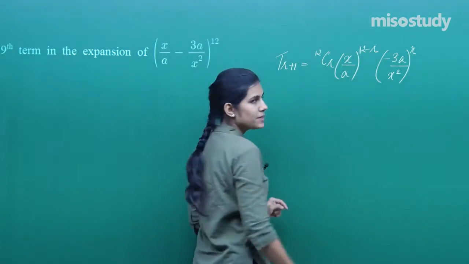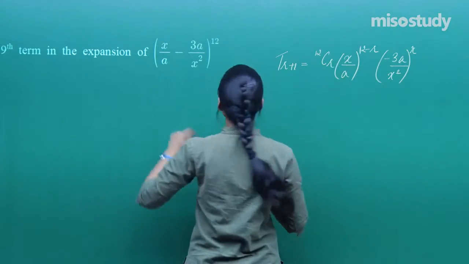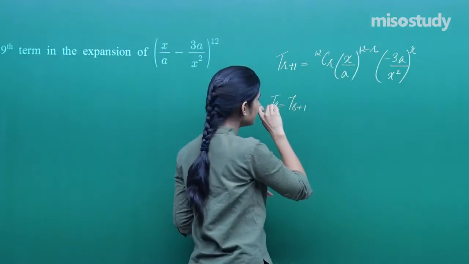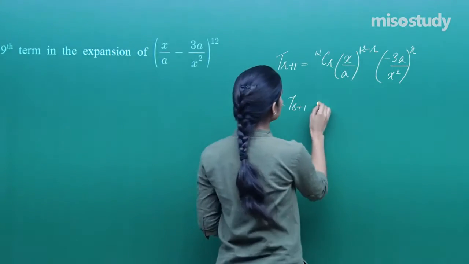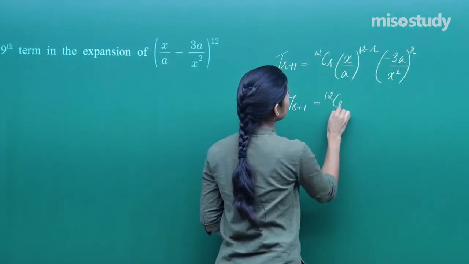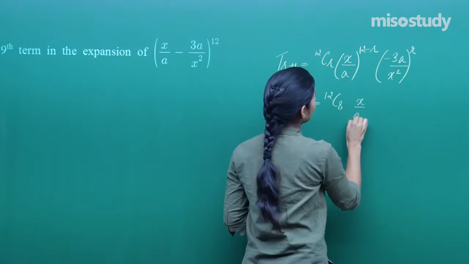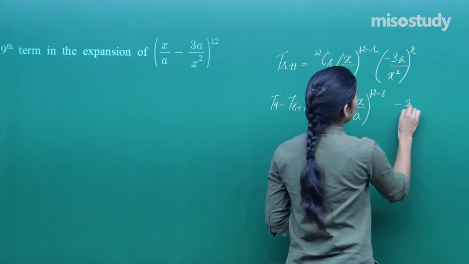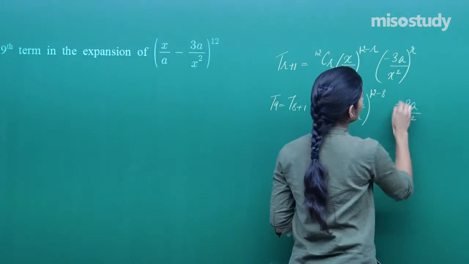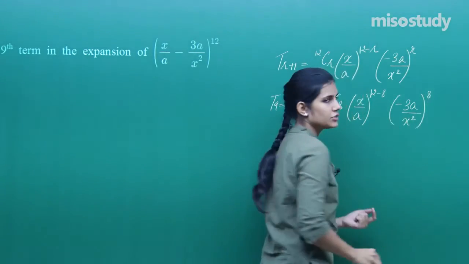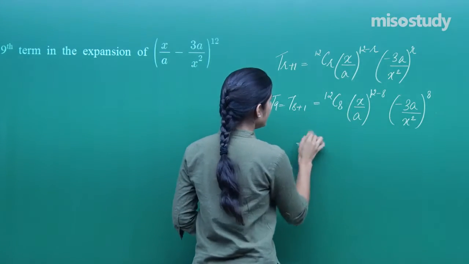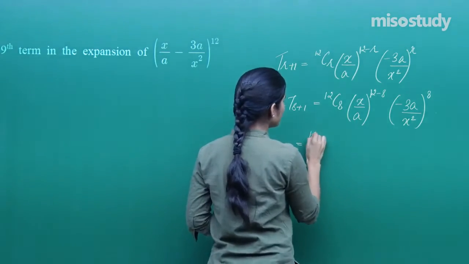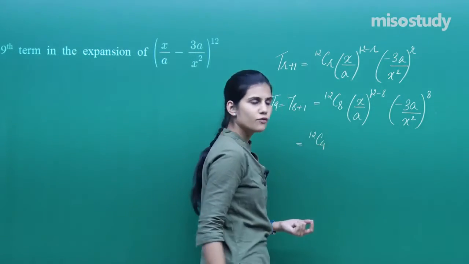If this is my (r+1)th term, I am seeking the 9th term. That means the 9th term can be written as T(8+1), so r = 8. This will be 12C8 (x/a)^(12-8) (-3a/x^2)^8. nCr is the same as nC(n-r), so 12C8 is the same as 12C4.